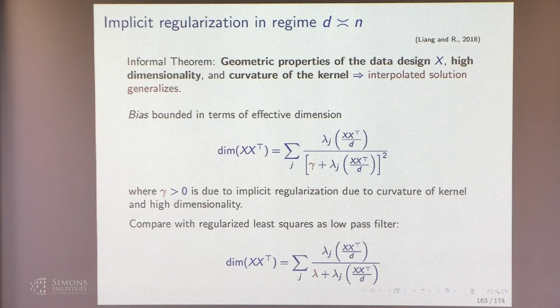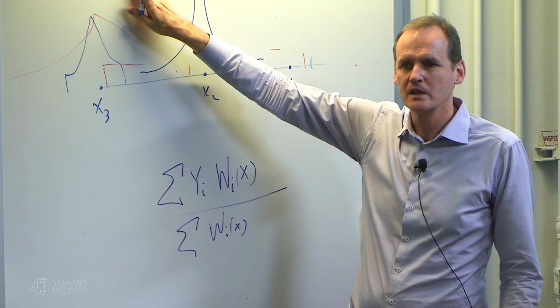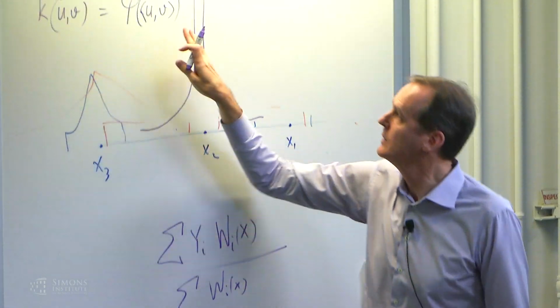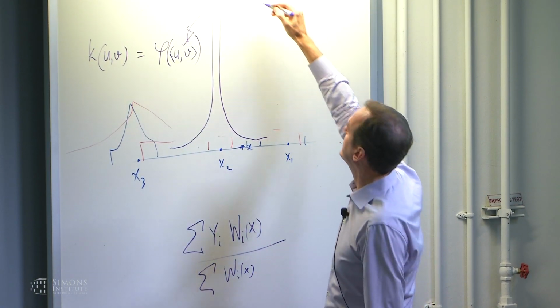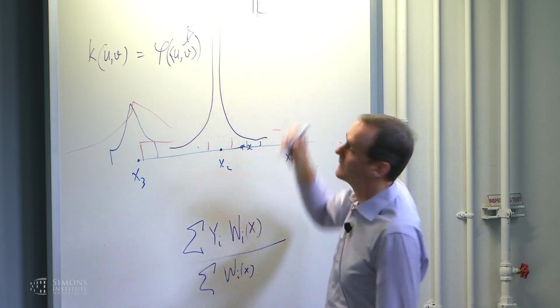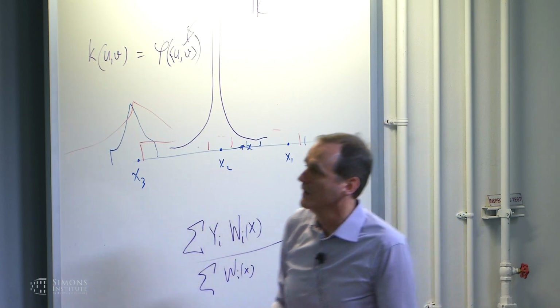The case they were considering was a kernel of the form k(u,v) is some function of the inner product between u and v. This is a Euclidean inner product, so maybe this is like a polynomial or something, but it's some function that has some curvature, right? So kernels of this form, and these u and v are from R^d, right?